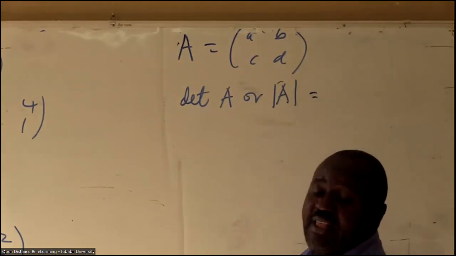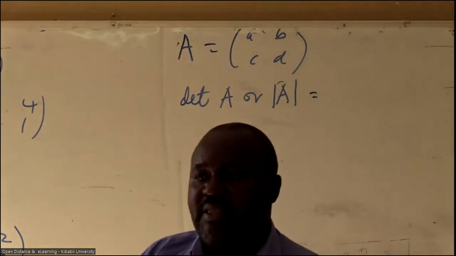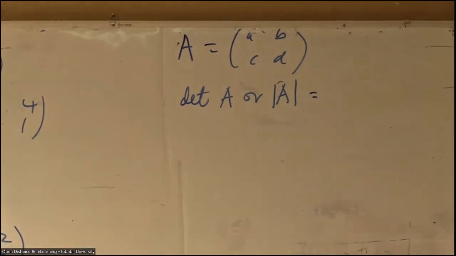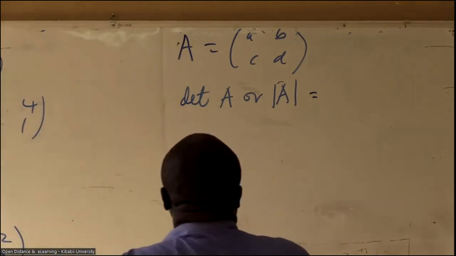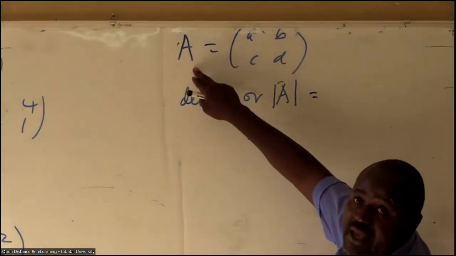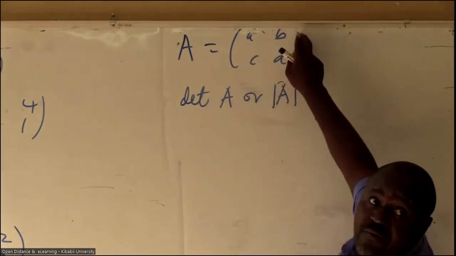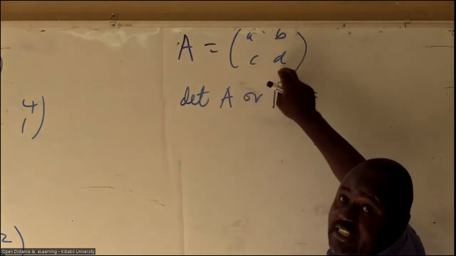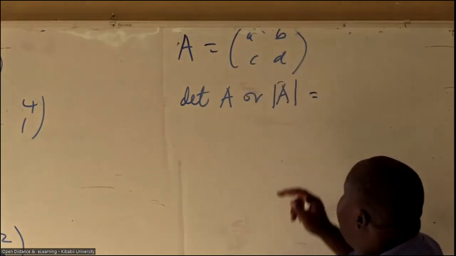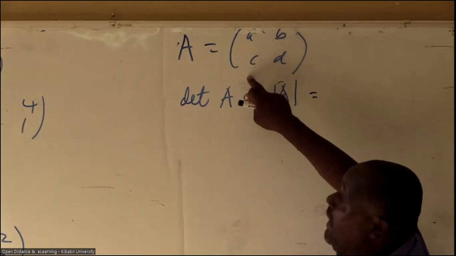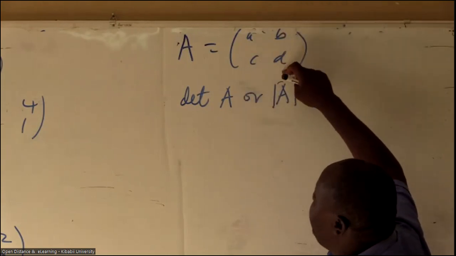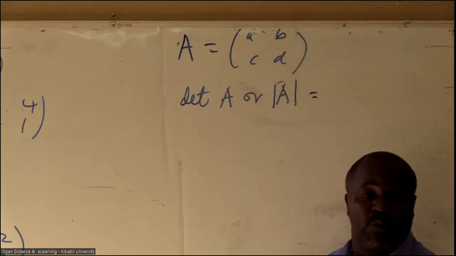This is the difference between the elements in the main diagonal and those in the other diagonal. Let us see what are these elements in the main diagonal. That we saw that in matrix A, the elements AB form row 1, the elements CD form row 2, the elements AC form column 1, the element BD form column 2.